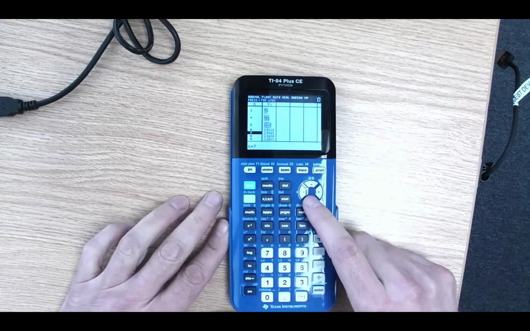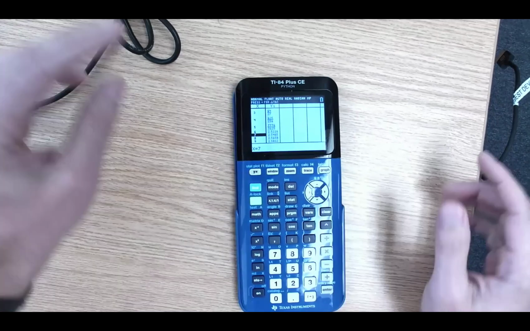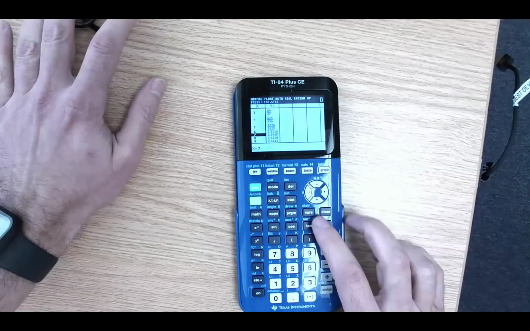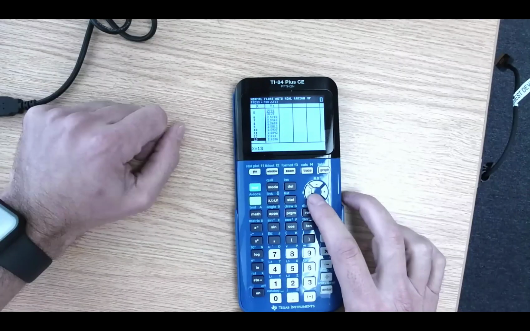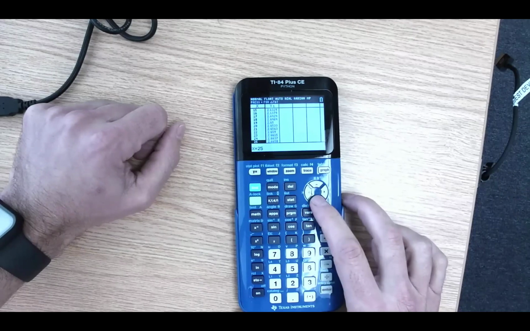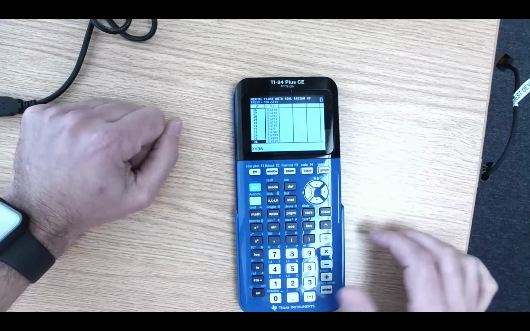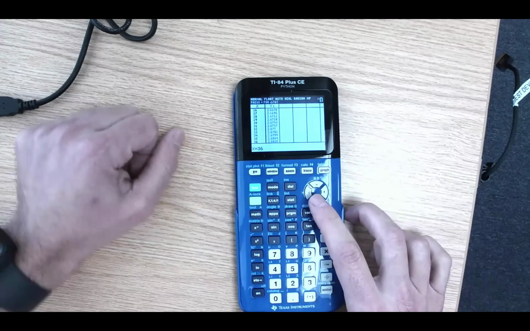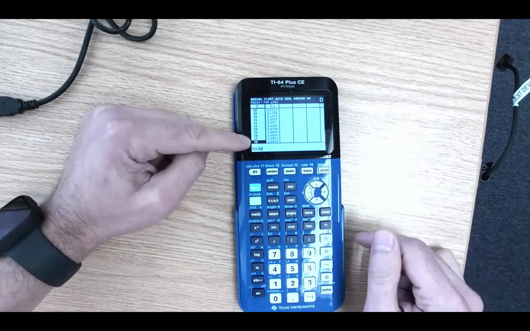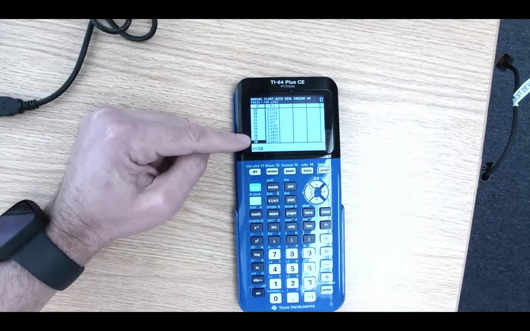So remember, the definition of this number is what happens as these x values become larger. So how high up is this going to go? It's kind of a drag, and if I want to get to 100, I have to scroll down to 100.